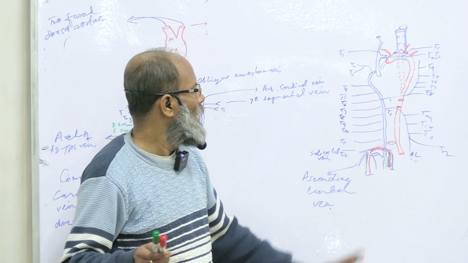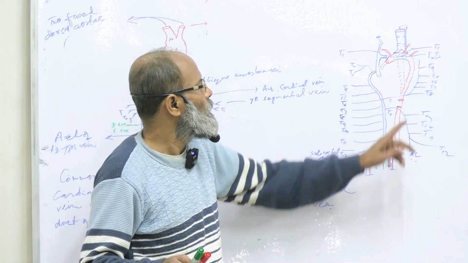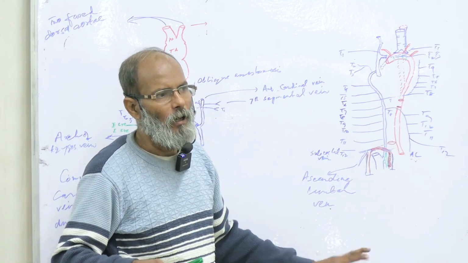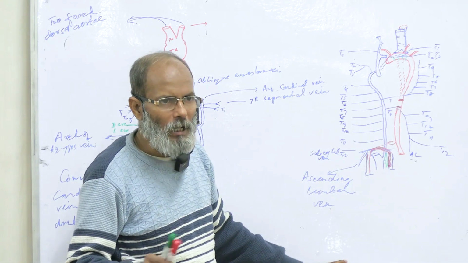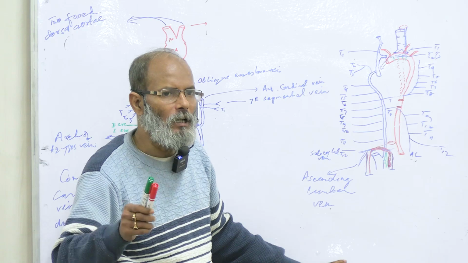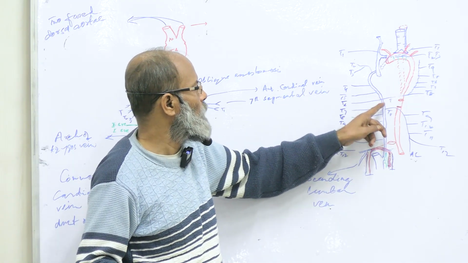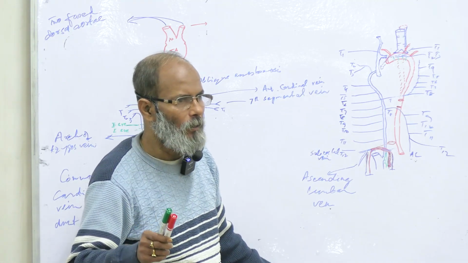All right? On the left side, what you are seeing, that T4 to T8 tributaries are joining to form the superior hemiazygous or the accessory hemiazygous vein, draining to the azygous vein at the level of T7 vertebra. All right.